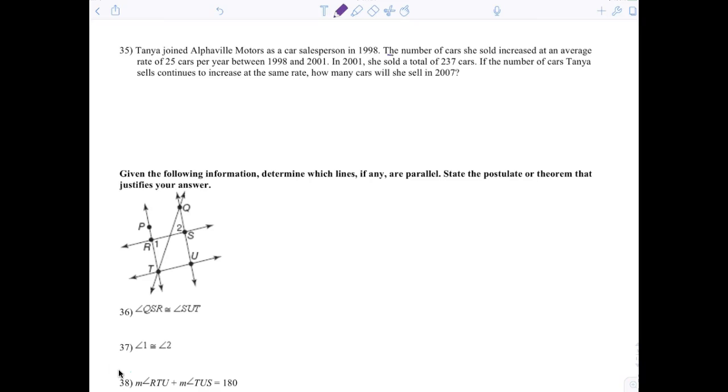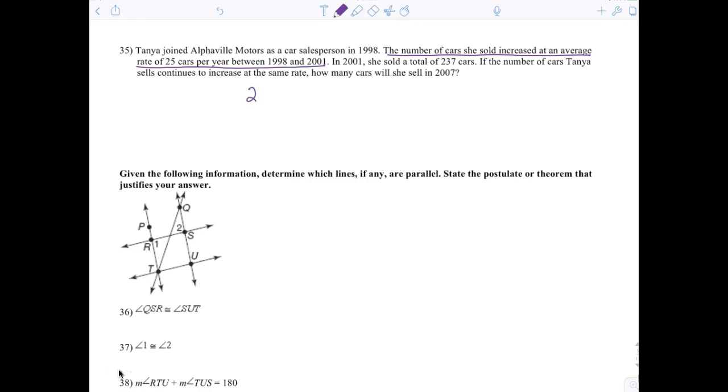So it says the number of cars she sold increased at an average rate of 25 cars per year, right? Between 1998 and 2001. So in 2001, she sold 237 cars. Is everybody with me on this?